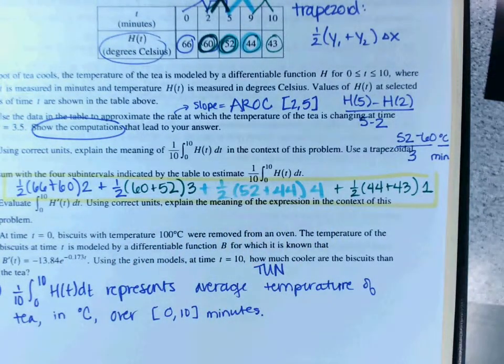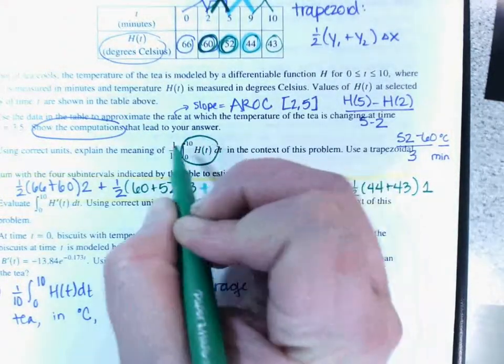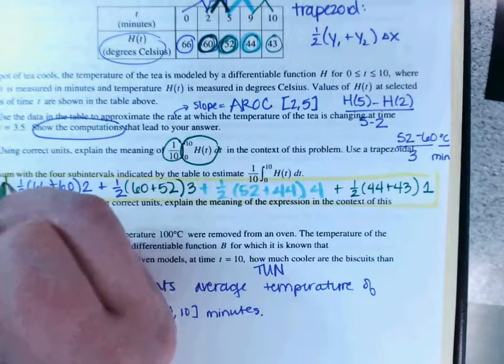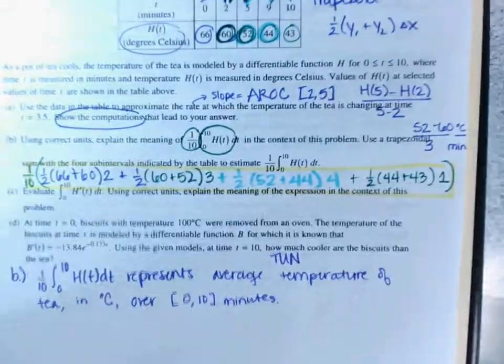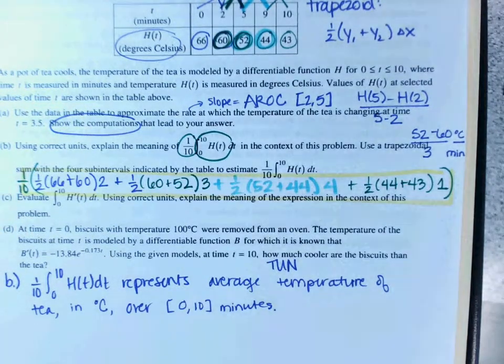What did they put in front of the integral that I have to put in front of my trapezoidal sum? The 1/10. Very good. So the trick there was that you'd be like, oh, trapezoidal, I know how to do it. But remember, in front of that integral, they put a 1/10 there. Well, then I need to put a 1/10 outside of mine as well. Okay, so make sure you're going to estimate it using the trapezoidal sum, but if it's an average, you need to keep that 1/10 in front of it.